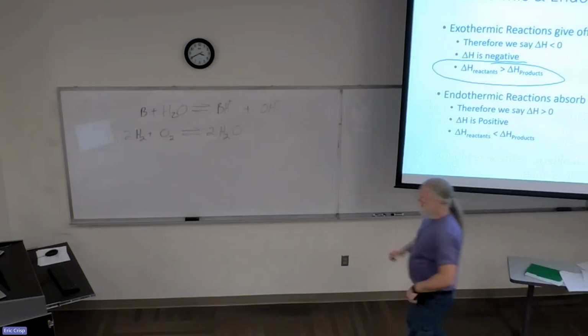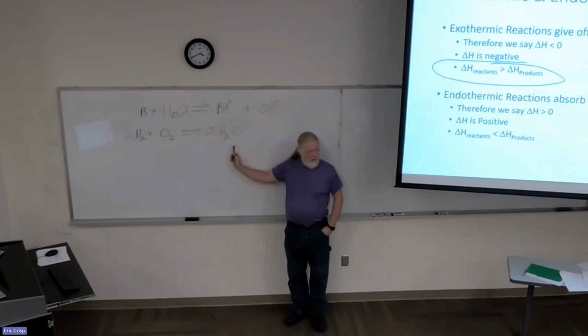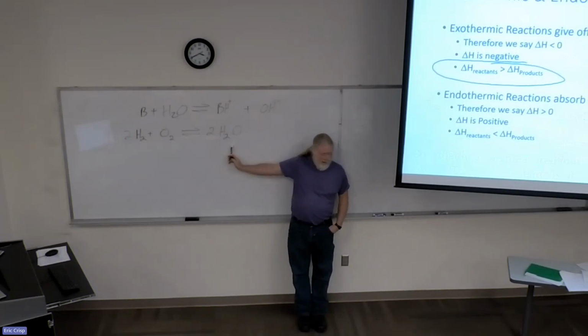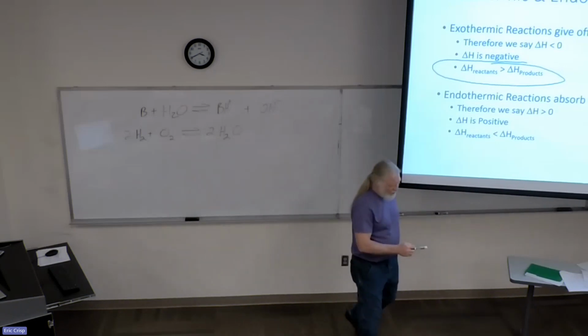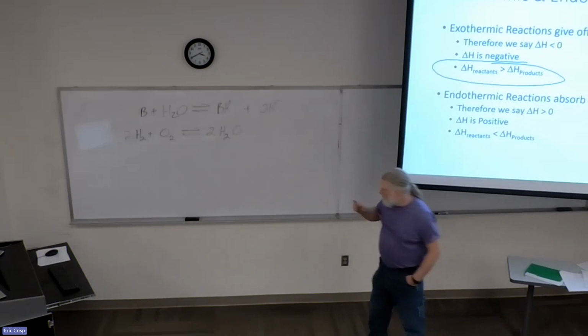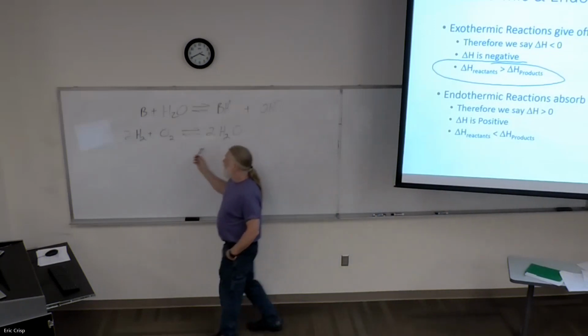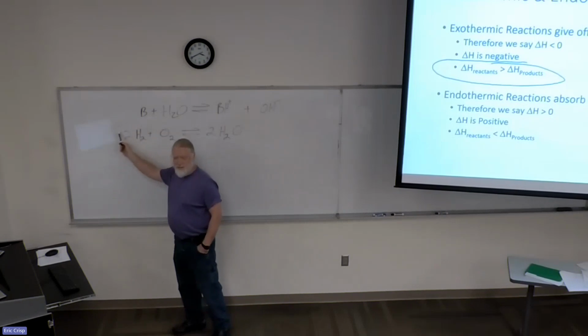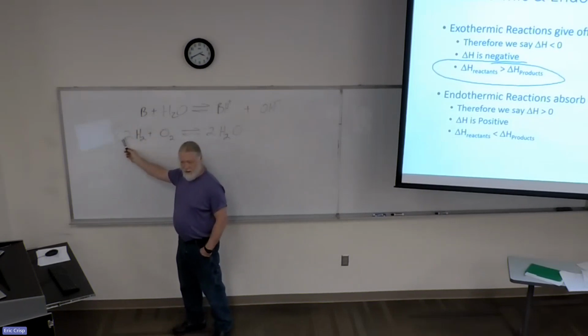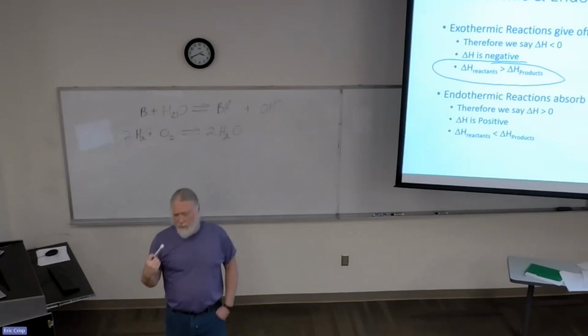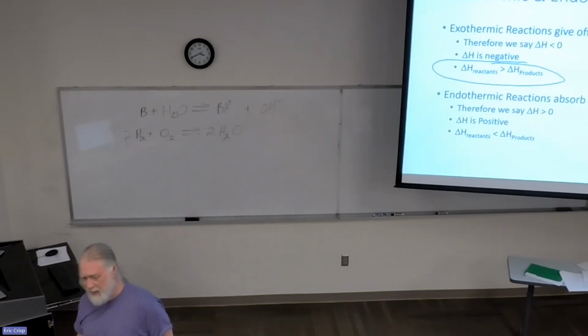If I take the total delta H of my products, what order are we going to do? Products minus reactants, right? So if I take my total heat, make up a number. How many joules of energy in my products? Make up a random number. 2,000. Okay. Now, if I subtract all of the bond energies in my reactants, now the reaction I've written up here is burning hydrogen in oxygen.